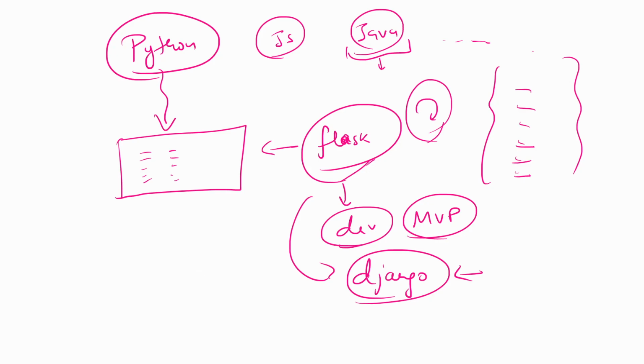Once we have completely done this, we can simply go and install Python, install Flask as a library, and then you can quickly start off. So that's the story of Flask, right?